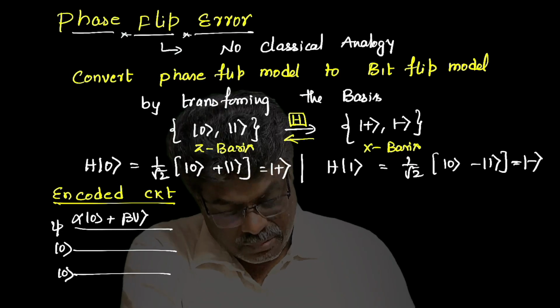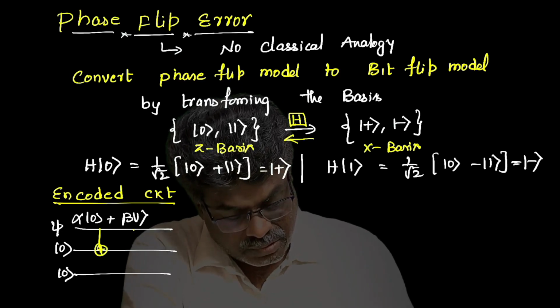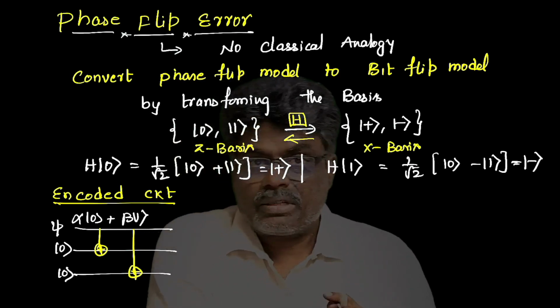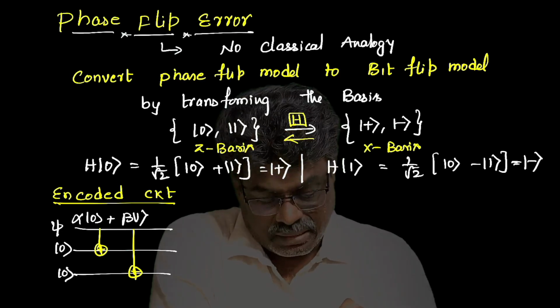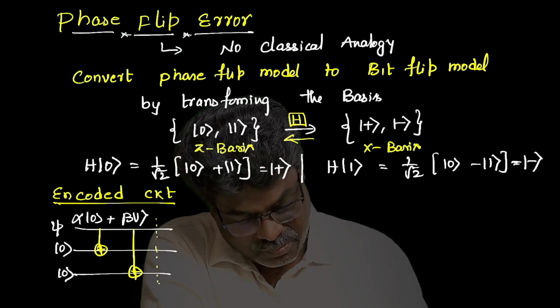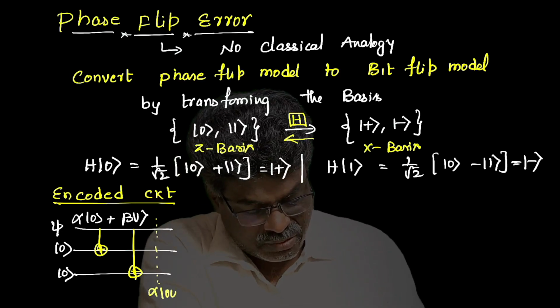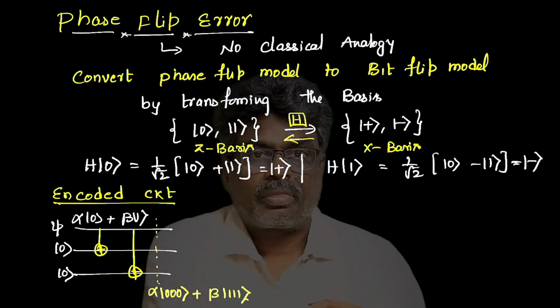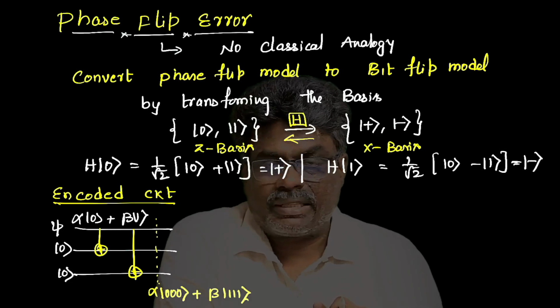Now this is entanglement, with CNOT here and CNOT here. Then we got, as in the last class, alpha 000 plus beta 111. So in the bit flip model we got it like this.